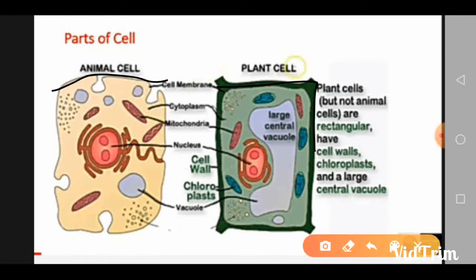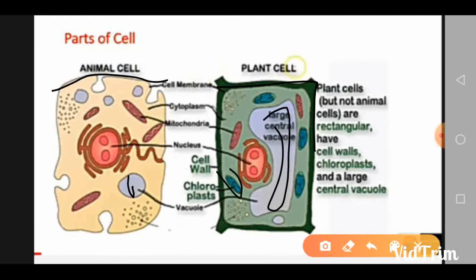Second, the vacuole of the plant cell is much bigger than that of the animal cell. The animal cell has a very small vacuole. Next is chloroplast.